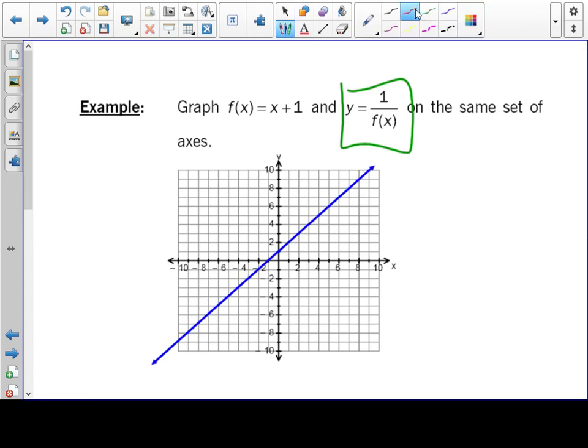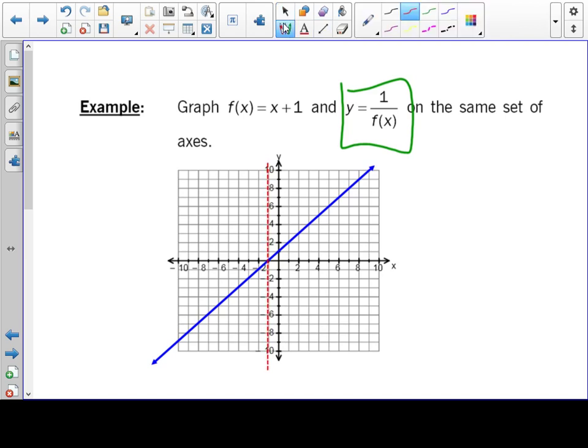Well, remember, the first thing I would do is set up where my asymptote is. The asymptote is going to be where there is an x-intercept.